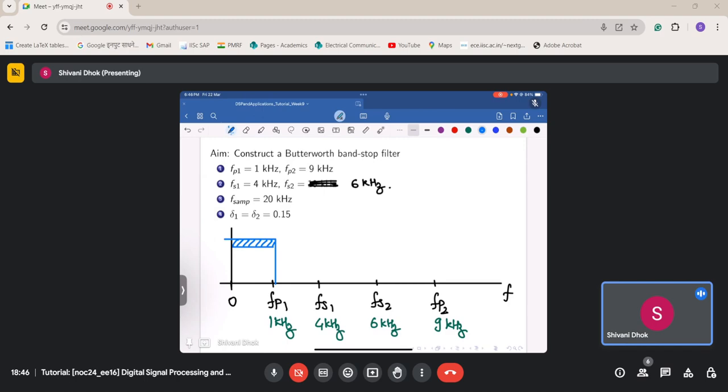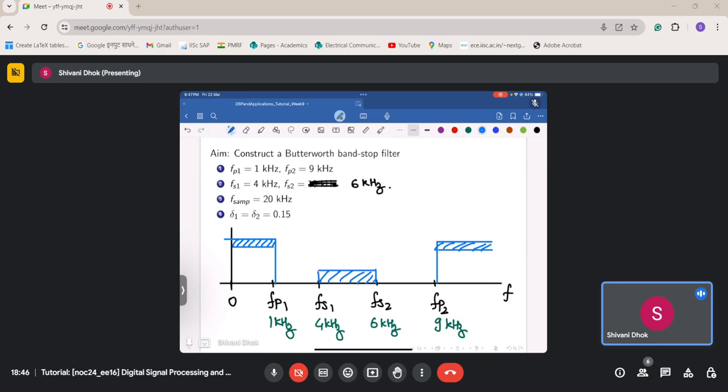Then we will have a stopband edge, and again we'll have a passband edge. So this is the bandstop filter that we need to design. We need to design the digital bandstop filter for these given specifications.